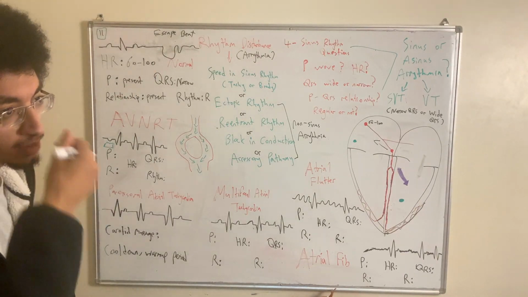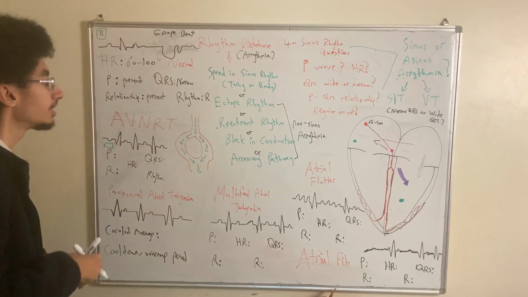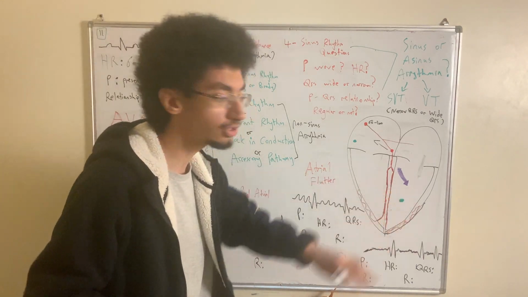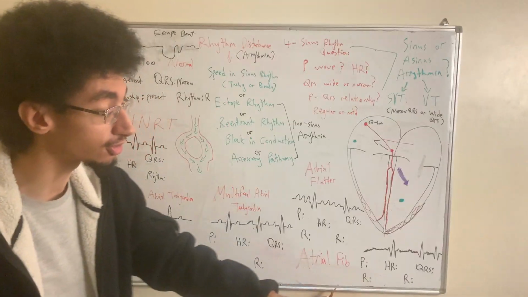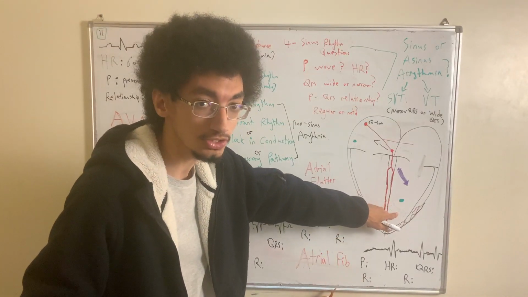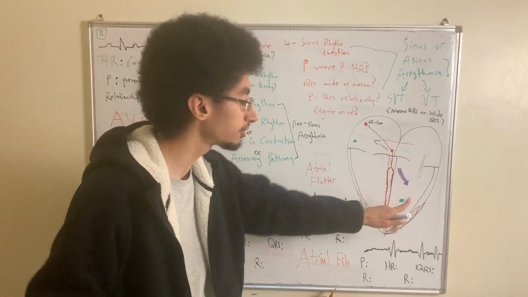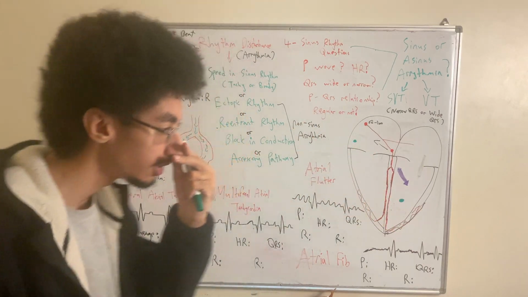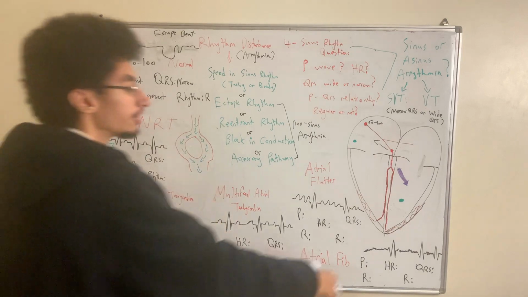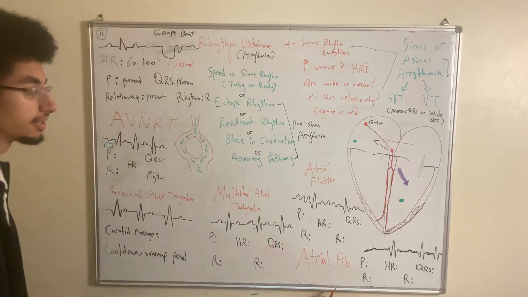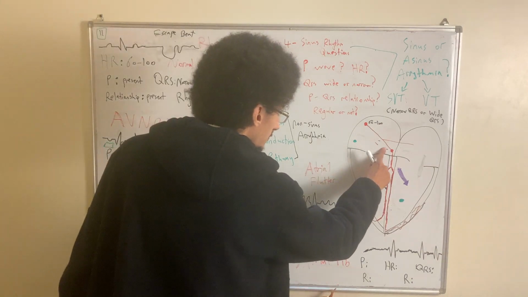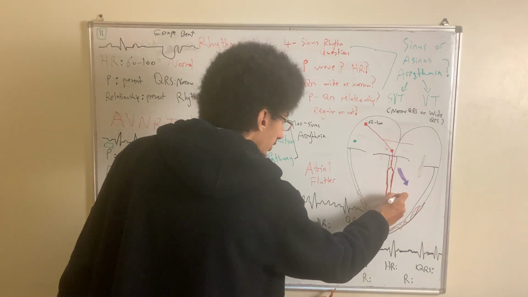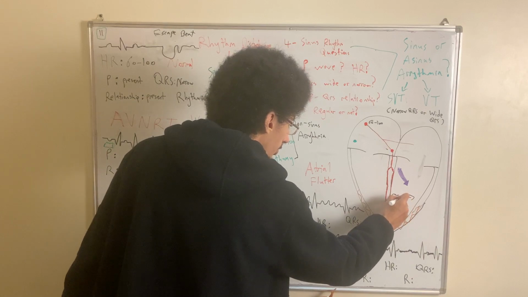What does that mean? It means when the ventricle has no action potential coming from the SA node or the AV node, the ventricle has no electricity, the pacemaker cells of the ventricles, which operate between 30 to 45 beats per minute, will be the main guys that depolarize the ventricles. The thing is, when they depolarize the ventricles, they will be all over the place.